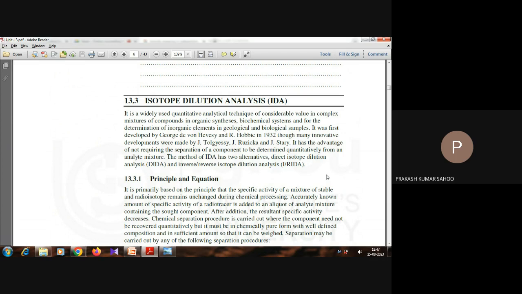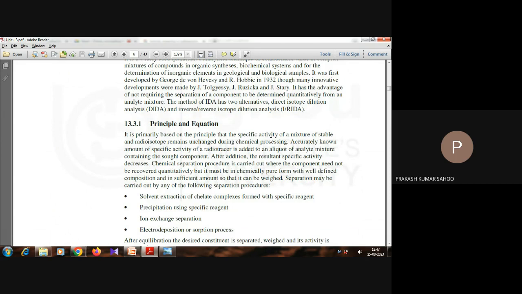It was first developed by the scientists Hevesy and Hobbie in 1932, and it is primarily used on the principle that the specific activity of a mixture of stable and radioactive isotopes remains unchanged during chemical processing.